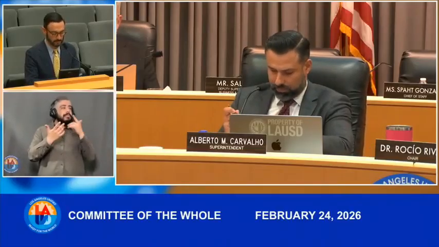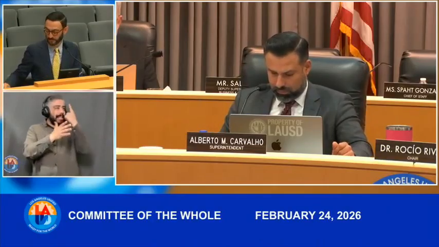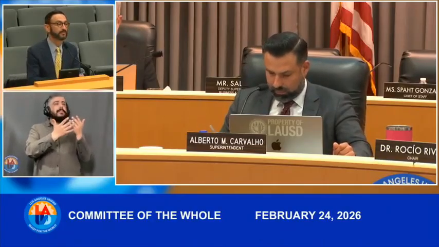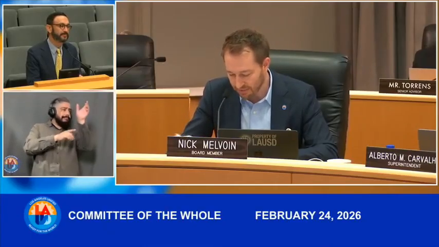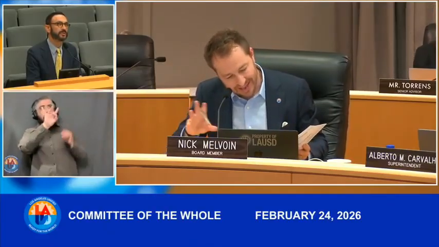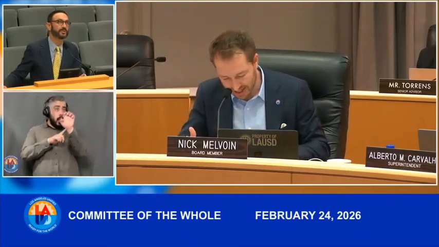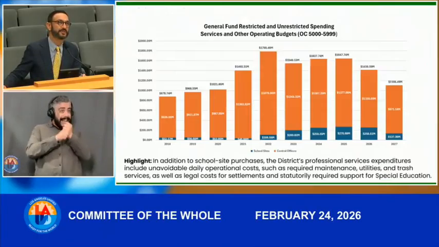So on slide 11, besides the evaluative piece, is that money coming from the buckets on slide 11? On slide 8, within that object code 5800, is that where you're getting the 87 million for school transportation? Correct. Okay, got it. Correct.